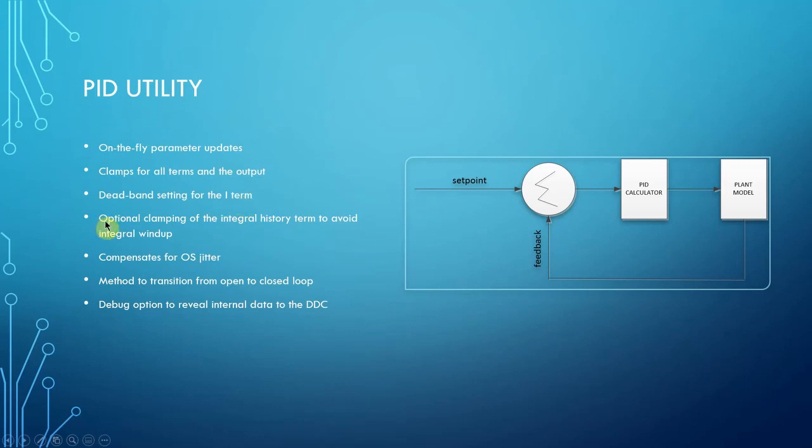It has an optional clamp for the integral history term, so you can avoid integral windup. It compensates for OS jitter automatically. It has a method to transition from open to closed loop seamlessly. And there's a debug option that reveals internal PID data to the DDC through data items.